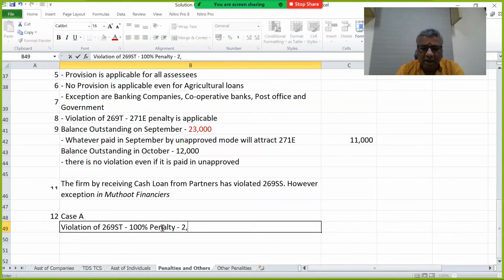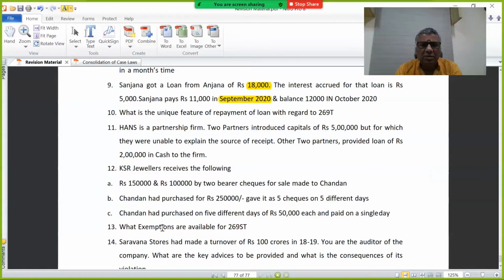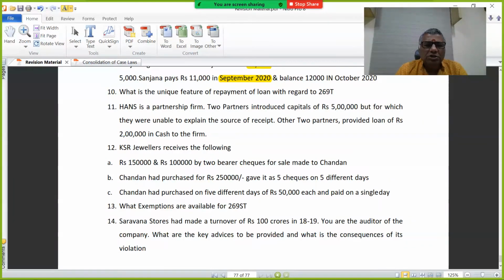The entire 2,50,000 is penalty; 271DA is the penalty section. Chandan had purchased for 2,50,000 and gave 5 cheques on 5 different dates: penalty.